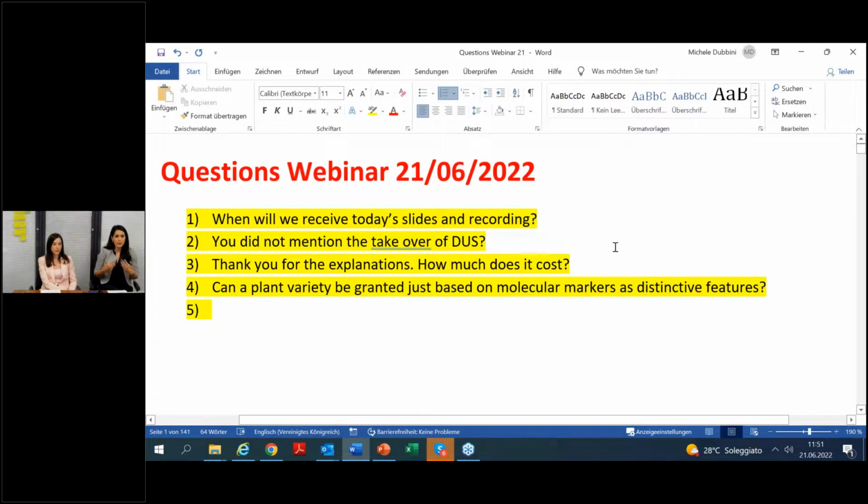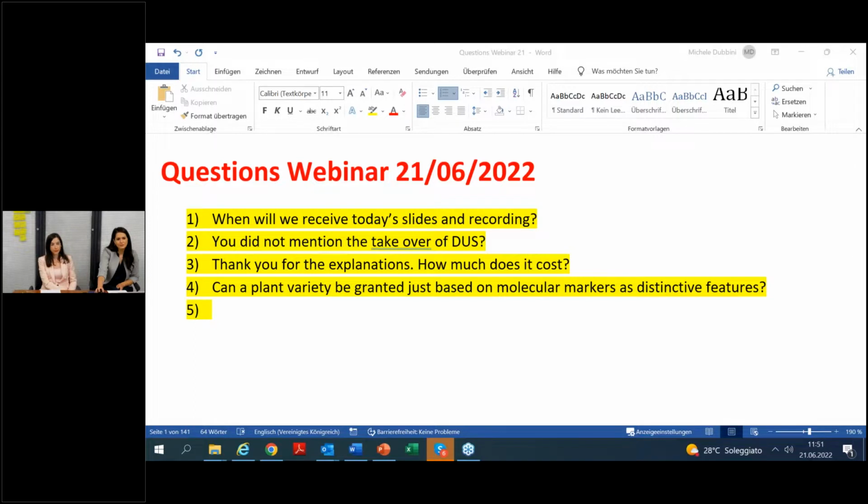The protocol is the manual that tells the examiner how to observe that particular species. And finally, there is the annual fee. This is 330 euros to be paid every single year to keep, as we said before, the CPVR alive. I hope this replies to your question.